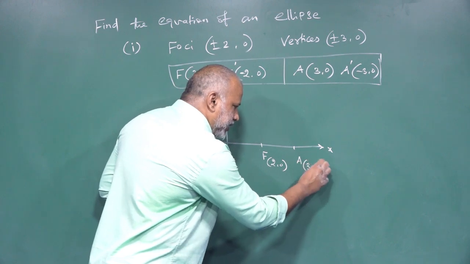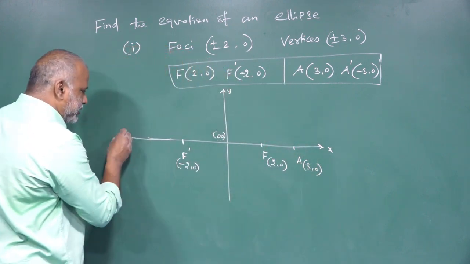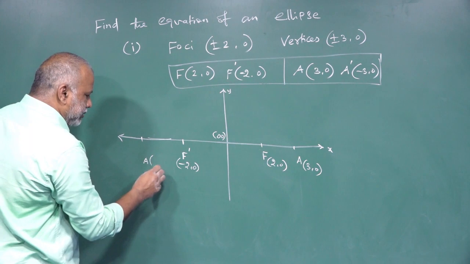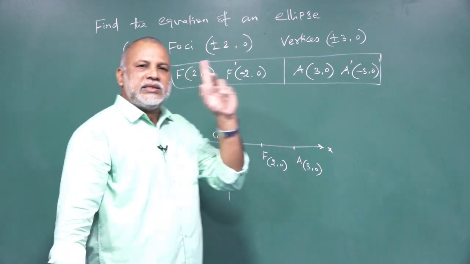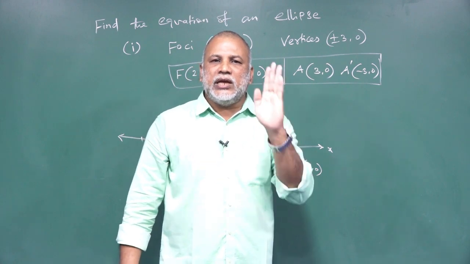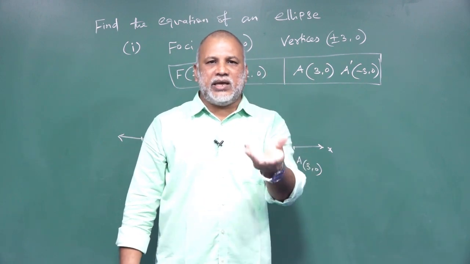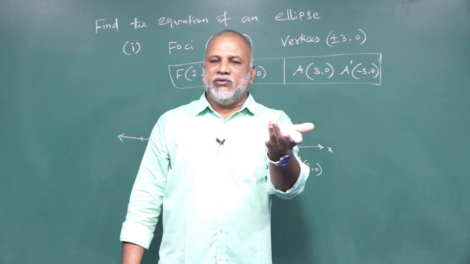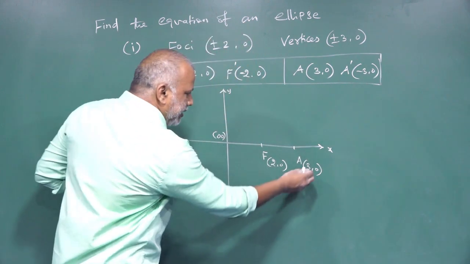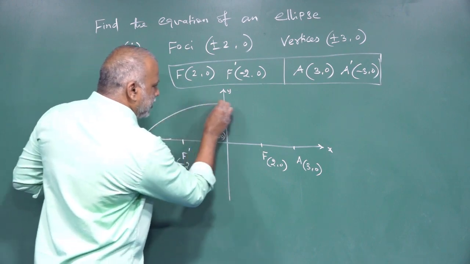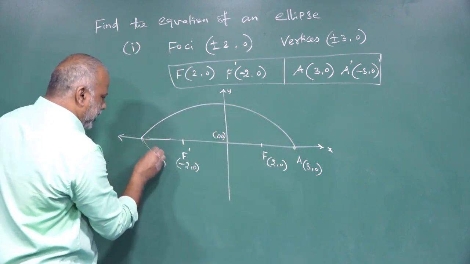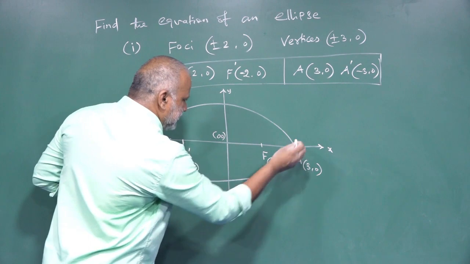A 3, 0. Then A dash minus 3, 0. See, in the standard equation of an ellipse, it passes through A and A dash. Already I am explaining, A and A dash are called vertices. So here see A 3, 0, here minus 3, 0. Therefore, the ellipse passes through the vertices.